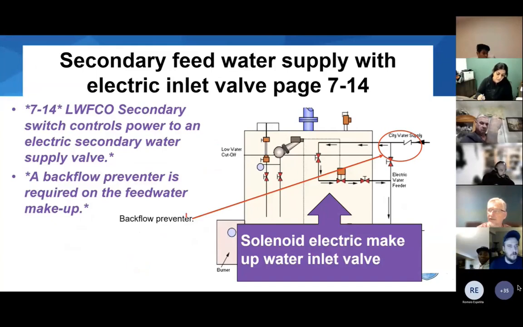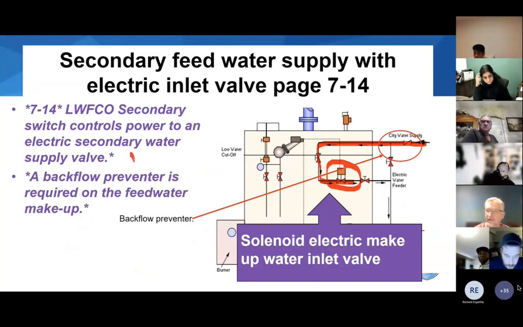Sometimes we have an electric inlet valve on that city water supply. So this one here has the supply coming in, a block valve and solenoid valve. Secondary switch controls power to an electric secondary water supply valve.